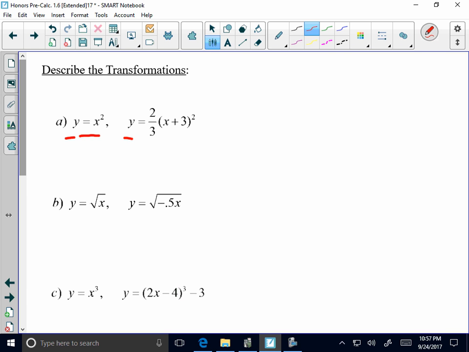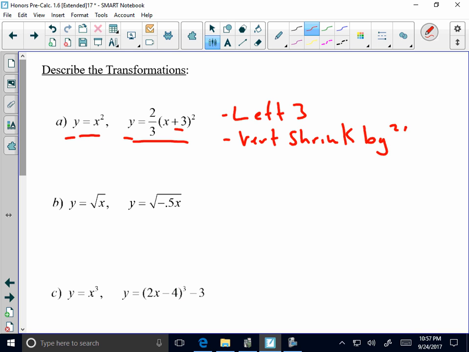I have these transformations to look at for my second equation, and I can say they would be left 3 from the addition of 3 inside my square, and then right here with that multiplication of 2/3, I can say that would be a vertical shrink by 2/3. And so those would be all my transformations that I'm seeing for A. So why don't you guys go ahead and try the rest of these, and we'll come back and take a look at them in a second.